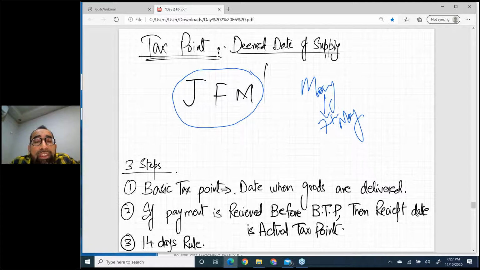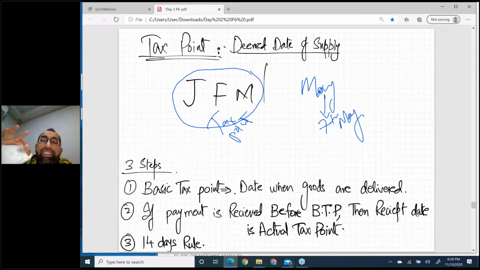For this purpose, you have to calculate tax point. You have to calculate tax point for each and every transaction. If the tax point for any transaction lies in January, Feb, March, that means that transaction belongs to January, Feb, March, and for that transaction you have to pay VAT on 7th May.